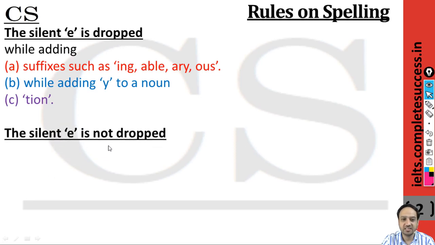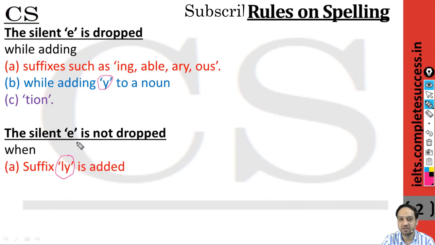So the silent e is not dropped when suffix ly is added. When we add y, we drop the letter e, and when we add ly, we keep the letter e.